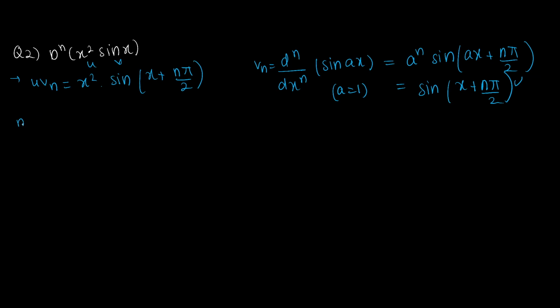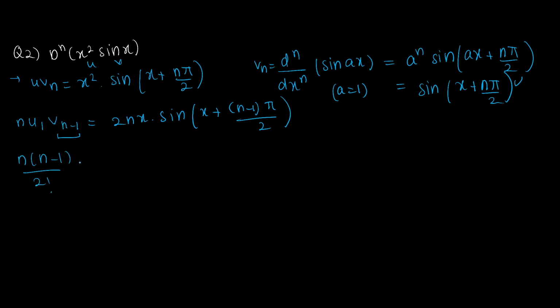Similarly, the second term would be n u1 Vn minus 1. So value for this will be 2nx sin x plus n minus 1 pi by 2. I have just substituted the value of n as n minus 1 here, since I have to find out the nth derivative for Vn minus 1. I think this is clear. Similarly, for n into n minus 1 upon 2 factorial u2 Vn minus 2, I'll be getting n times n minus 1 upon 2 factorial.